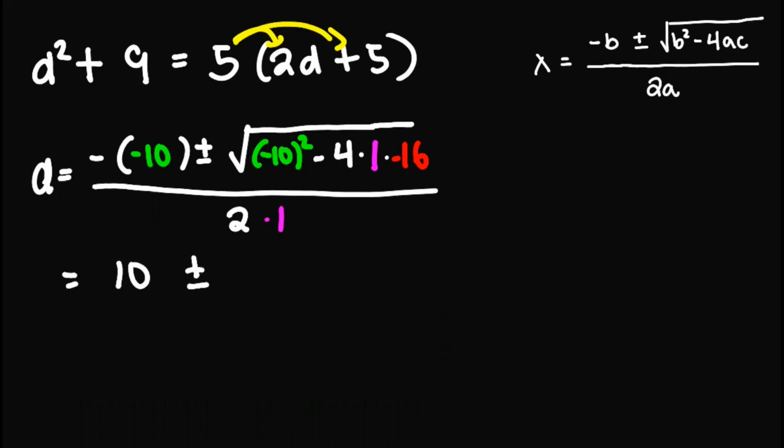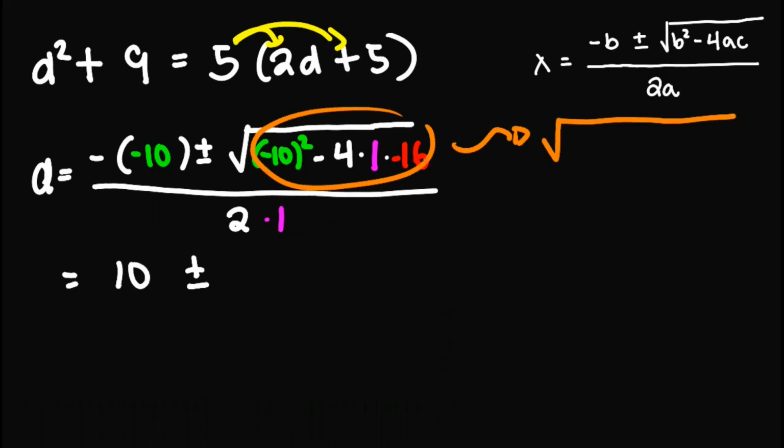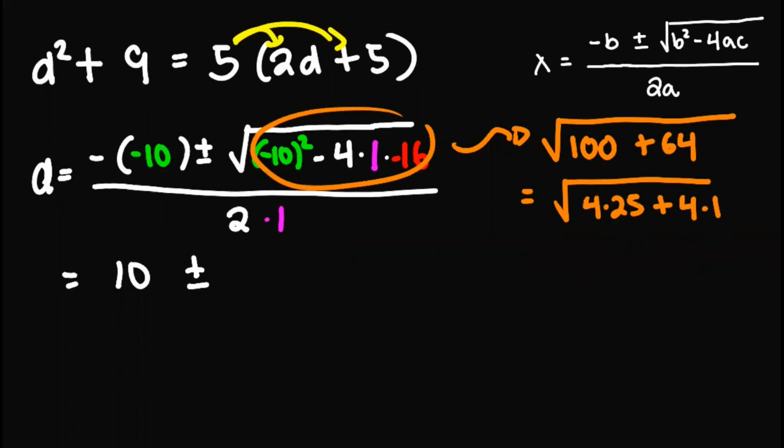Let's simplify the radical. So to simplify this, we'll have the square root of negative 10 squared is 100. Then negative 4 times 1 times negative 16 is 64. Now instead of immediately adding this one, let's try to manipulate it to avoid large numbers. So note that we can write 100 as 4 times 25, and we can write 64 as 4 times 16.